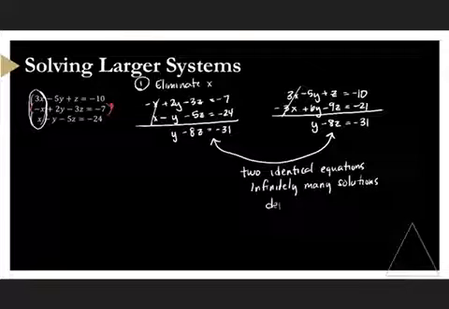And so this is a dependent system. It doesn't mean that all three of the lines are exactly the same. It just means that two of them are going to intersect an infinite number of times. So it really doesn't matter what the third one is doing. Okay.